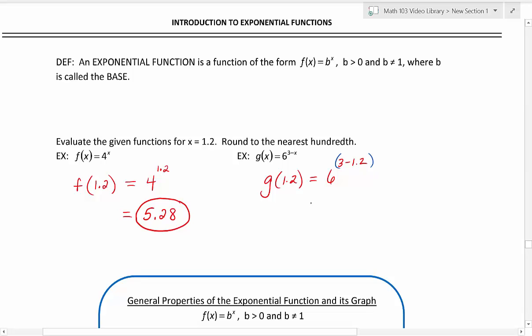Personally, I'd probably subtract those just so it's easier to type in my calculator and I'm not likely to make a mistake. So this is the same as 6 raised to the 1.8 power. Typing it into our calculator and rounding to the nearest hundredth, we get 25.16.